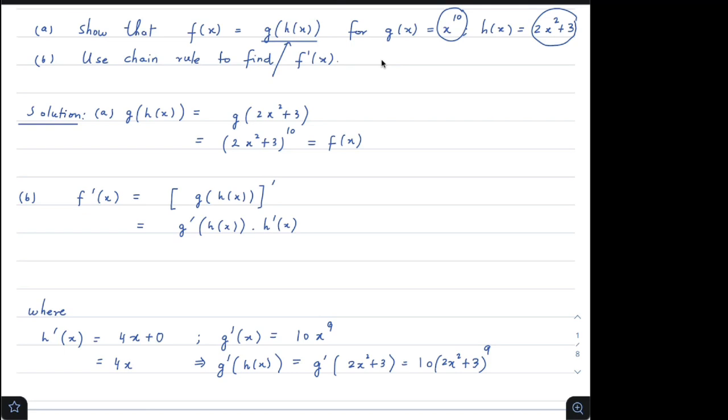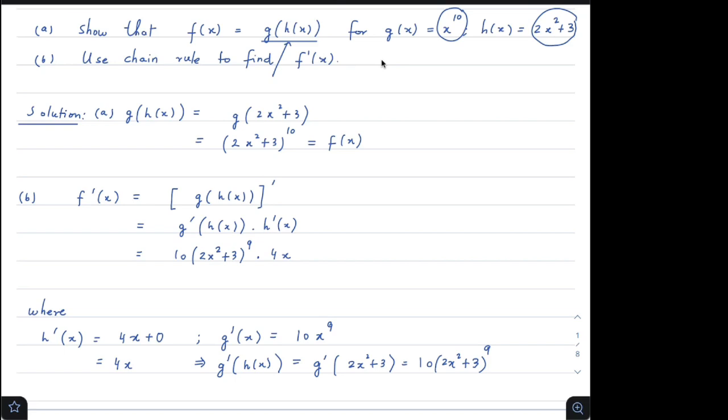Now we have all the things that we need. Let's plug them back in. Great, we have finally found the derivative of f.